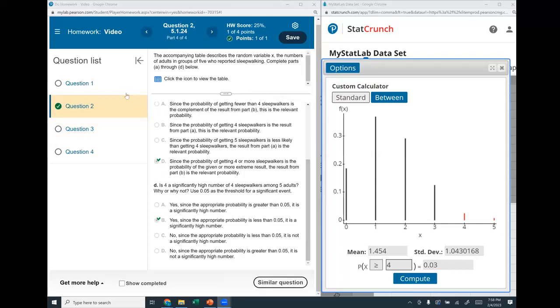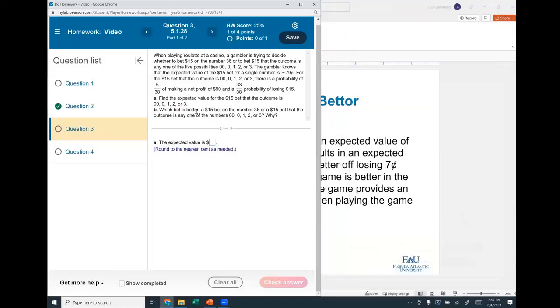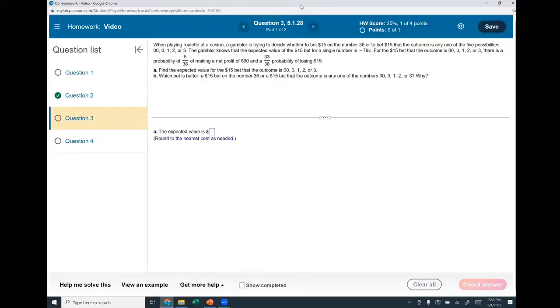And let's look and see what problem 3 has in store. Okay, so problem 3, we're going to do something similar to what we did as the last problem here, right? And I don't think I need StatCrunch for this. Okay.